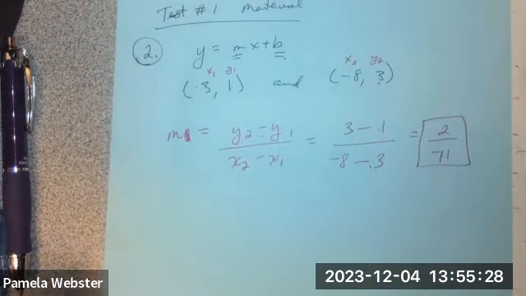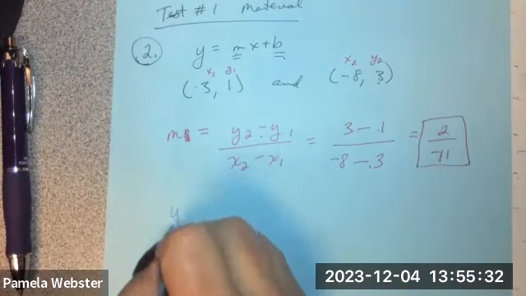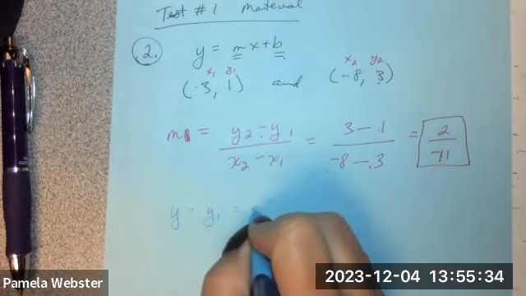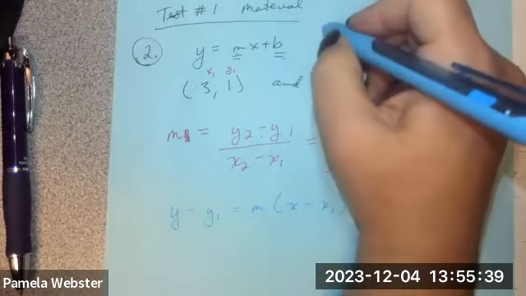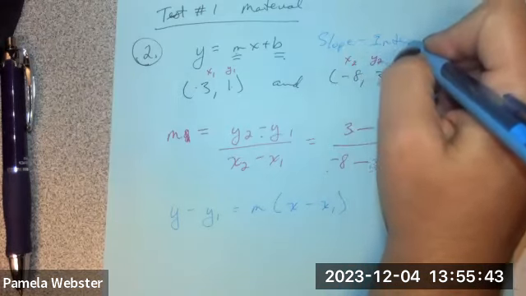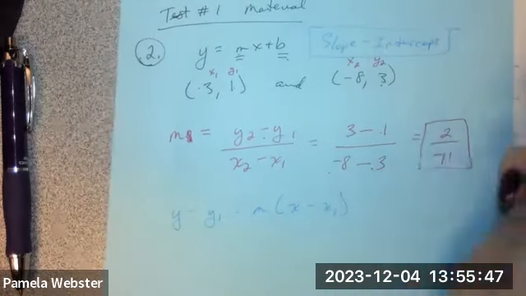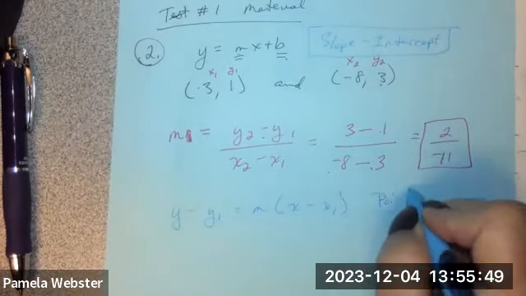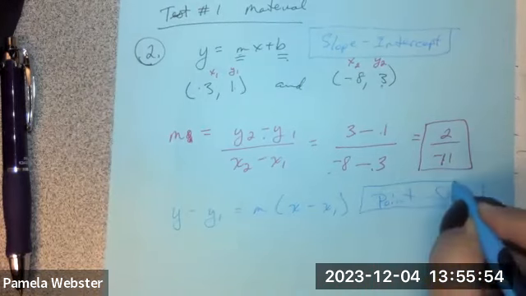And then to get this into its final format, what I need to do is use the y minus y1 equals m times x minus x1. Okay, so this was slope-intercept. If you're trying to remember which one's which, this is my point-slope form of a line.